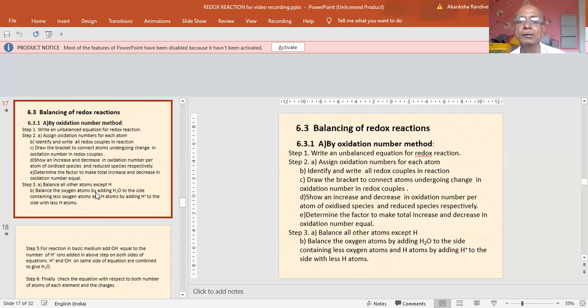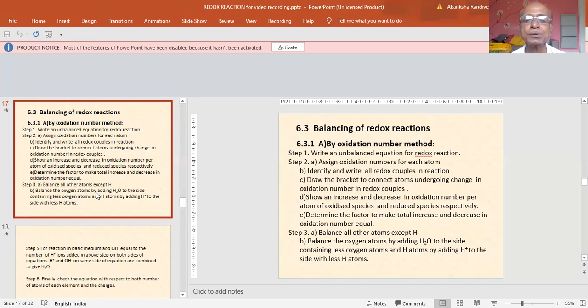Then determine the factor to make total increase and decrease in oxidation number equal. So we have to equalize the total number of oxidation and reduction number. That means by this step we have to equalize the number of electrons lost and number of electrons gained.